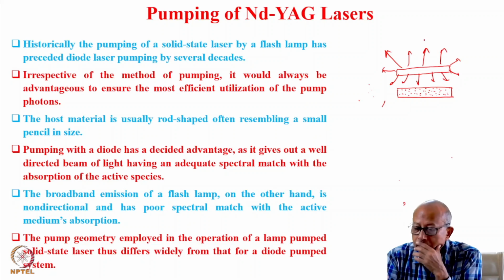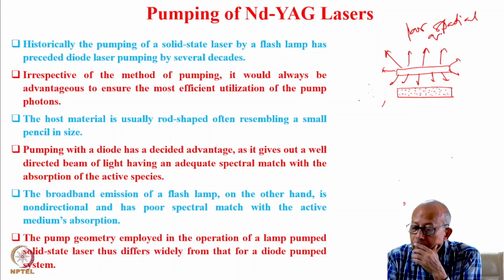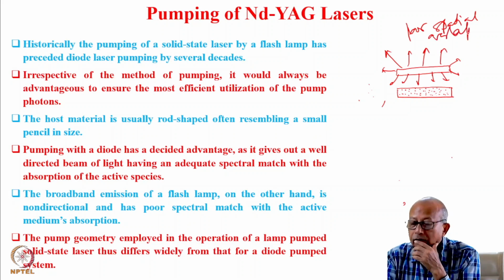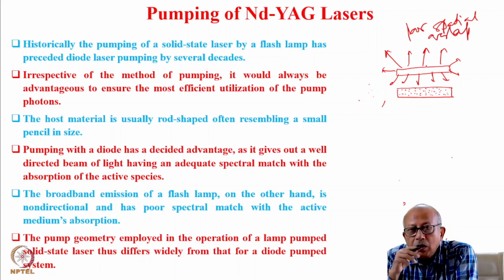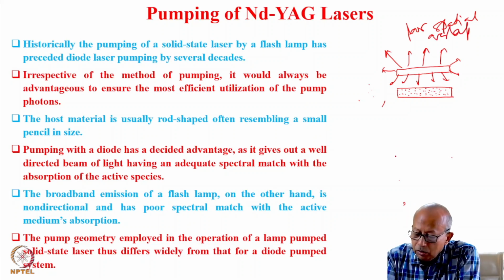So there will be poor spatial overlap. And that is not all. Because it is a conventional source of light, its emission will be very wide.